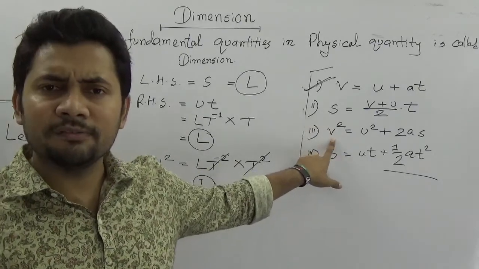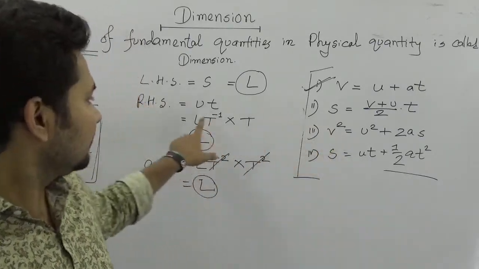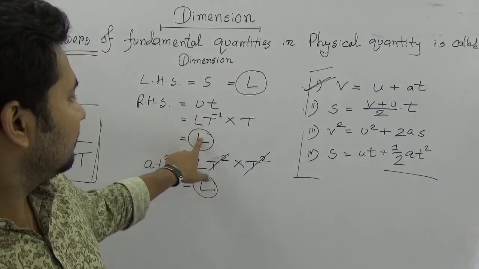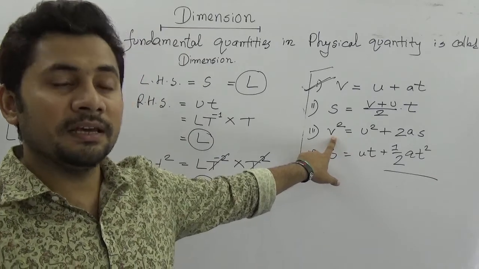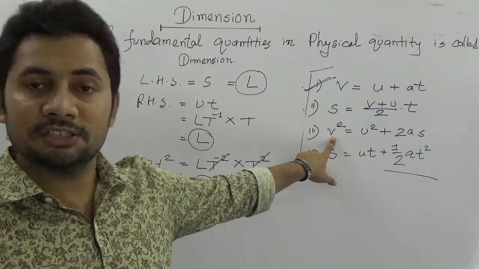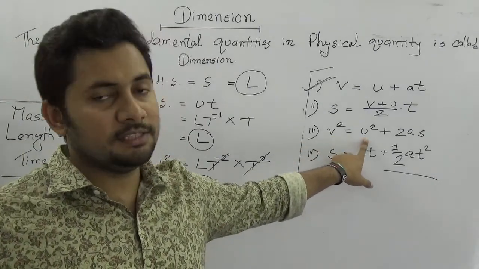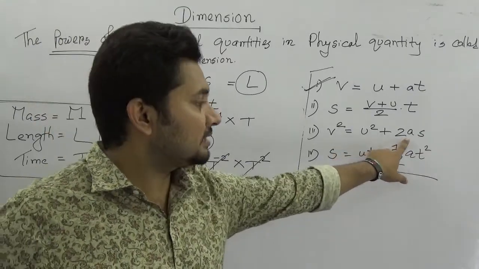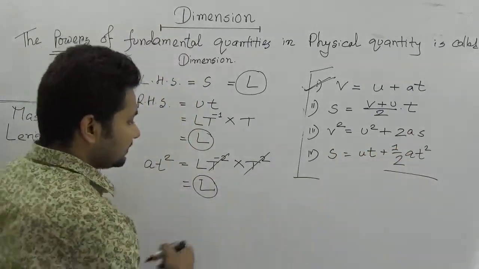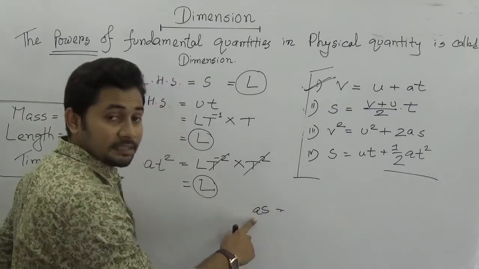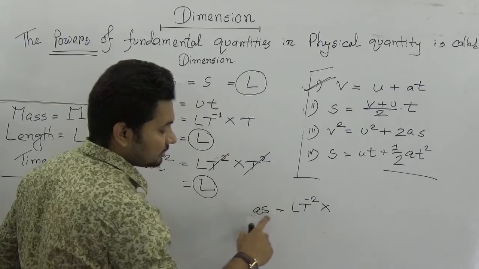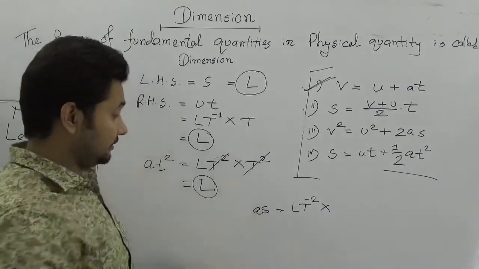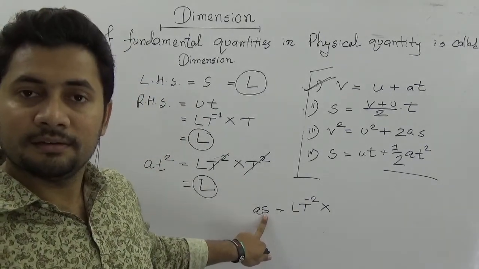So this is the square of final velocity. If I take V square, it would be L square T inverse 2, and on the right hand side it would be similarly L square T inverse 2, and you know this is A and S. In case of AS, we know the acceleration is L over T square into S, which is also length.